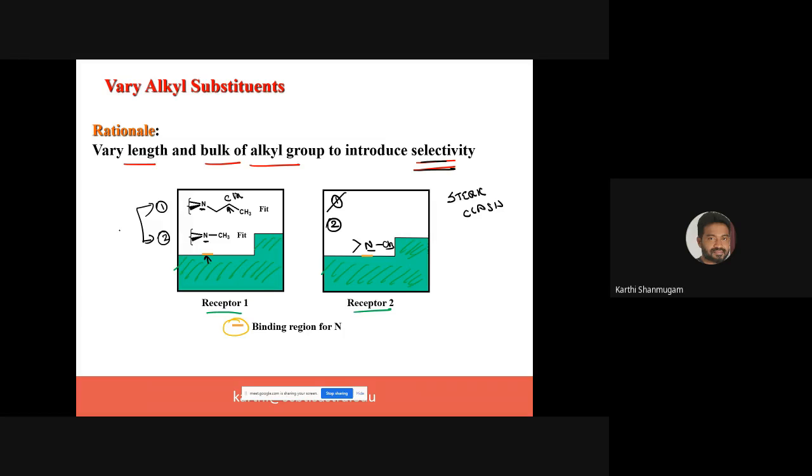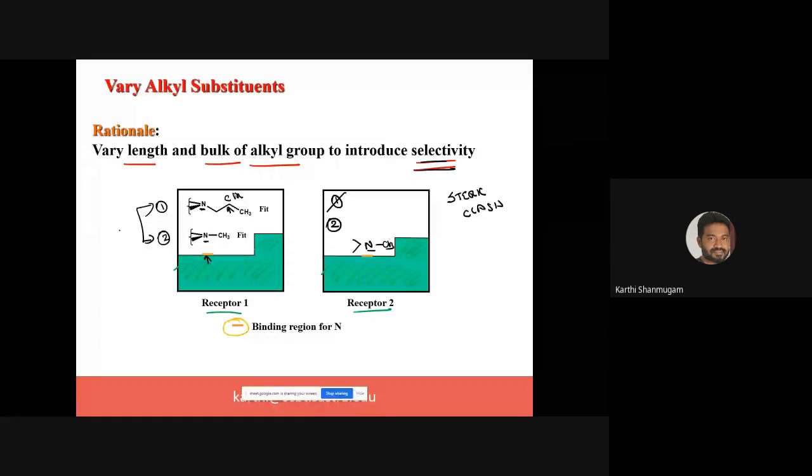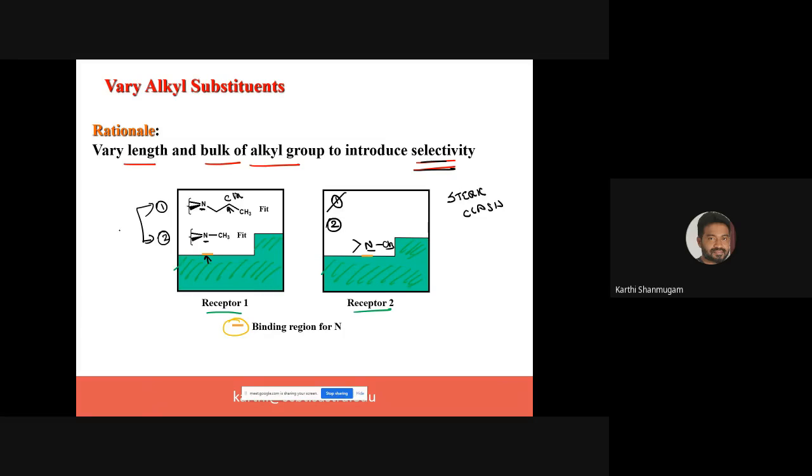Second one, sir. Which is selective? First one is selective. The first molecule can go and bind only to the first receptor, not to the second receptor. Would you understand? Yes, sir.